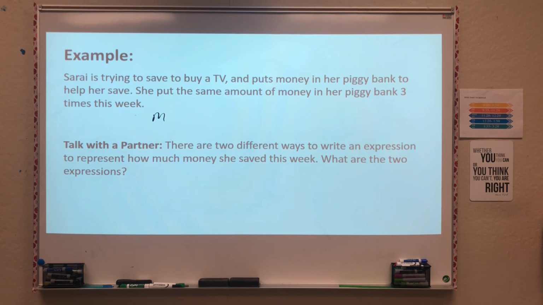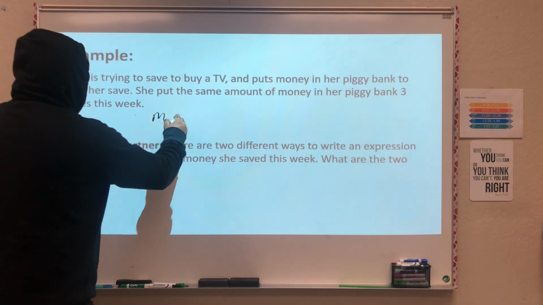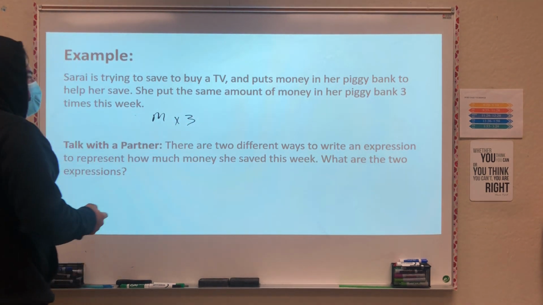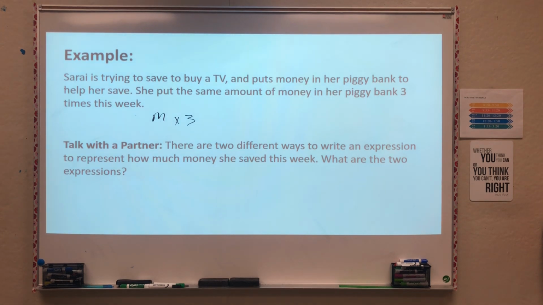So M times 3, because we don't know how much money she put in there. Yeah. So it's going to be times 3 because of 3 times this week. Yep. Probably. I'm trying to figure it out. I'm not good with this. You're doing great. I would argue you're doing great.